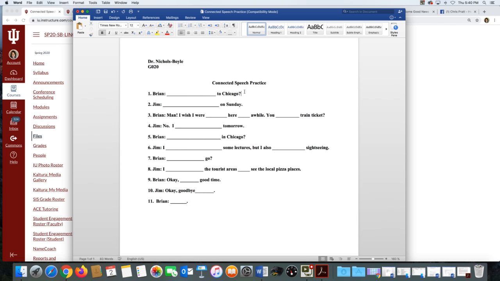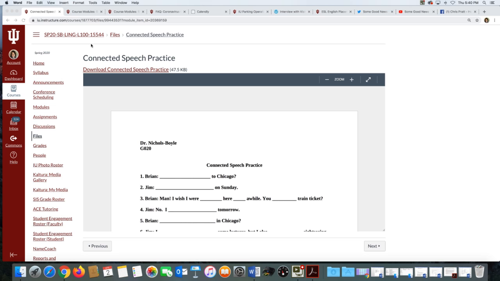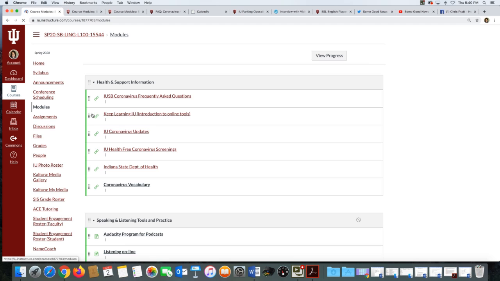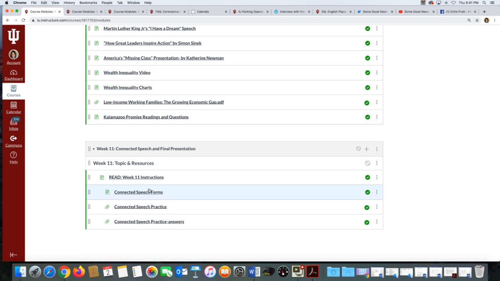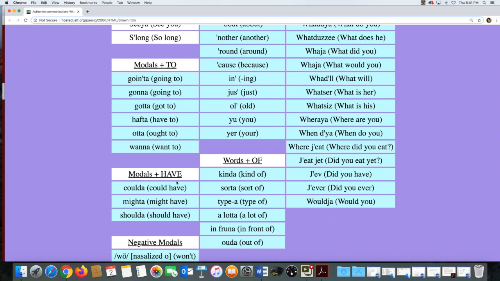All right, that's it. So let's see how you did. Again, maybe take a minute or two to go over your answers. You could look also at the connected speech forms if you're not sure about some of them and see what they sound like. So you can find this back in the module section. Here, the connected speech forms we were looking at before, which were these ones here.